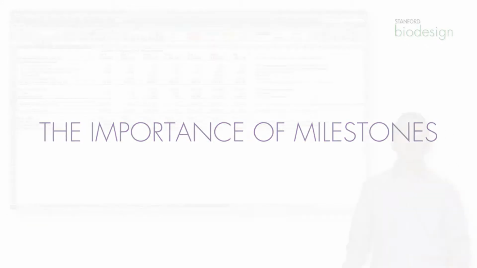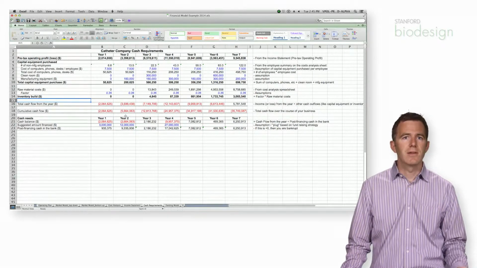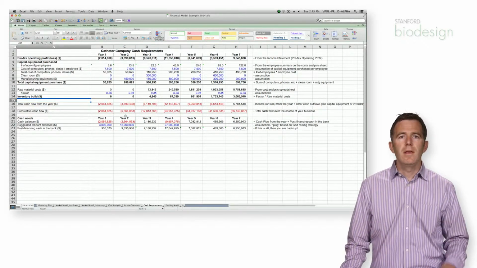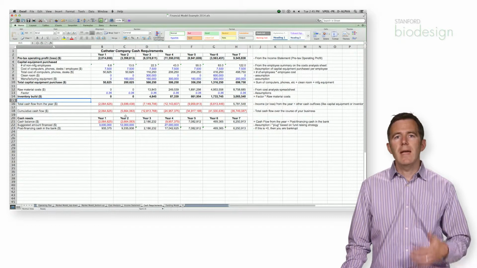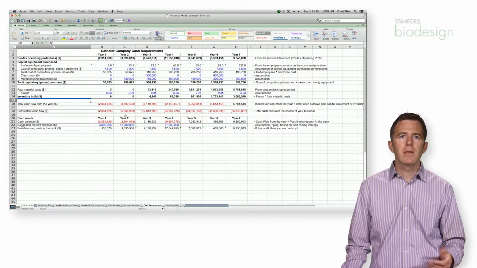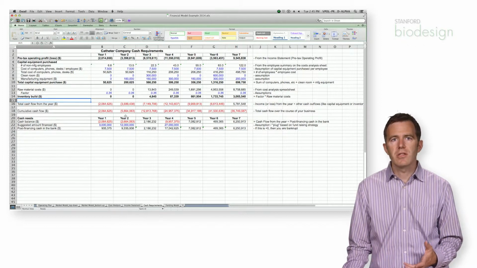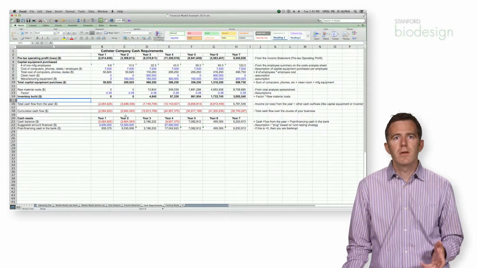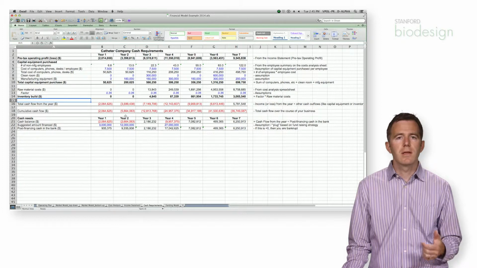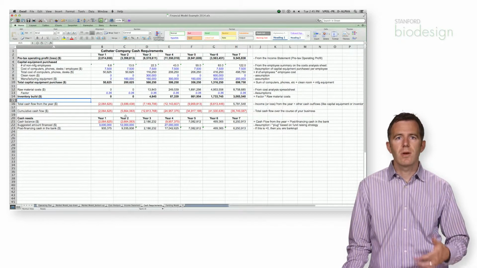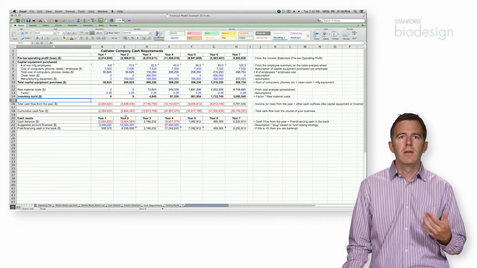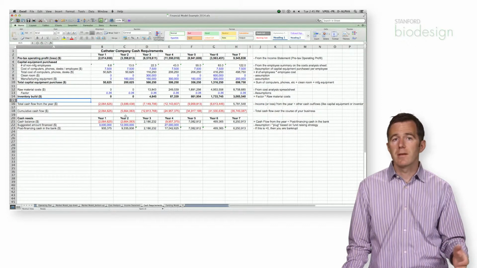Usually you raise money associated with a particular set of milestones. You want to raise money after you've successfully completed some activities that actually grow the value of your organization. So for example, in year 1, this company was building prototypes and demonstrating functional success of their product.